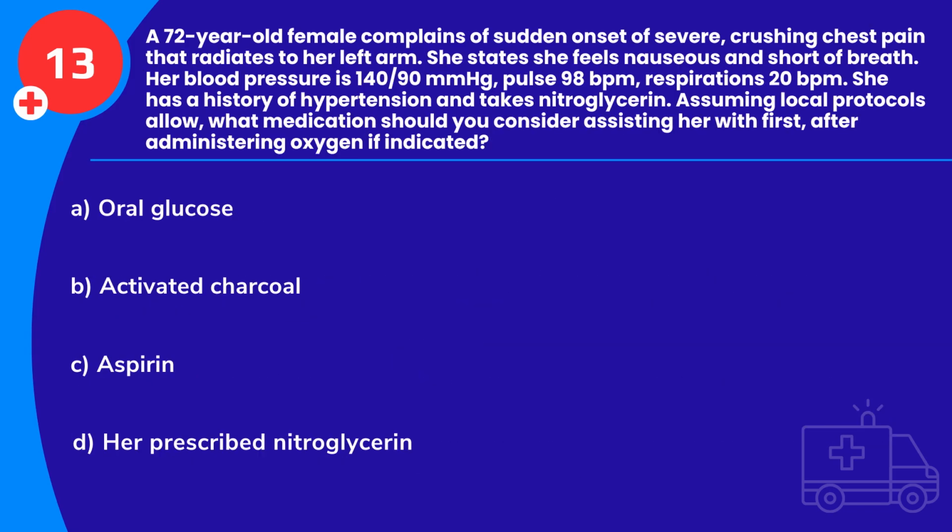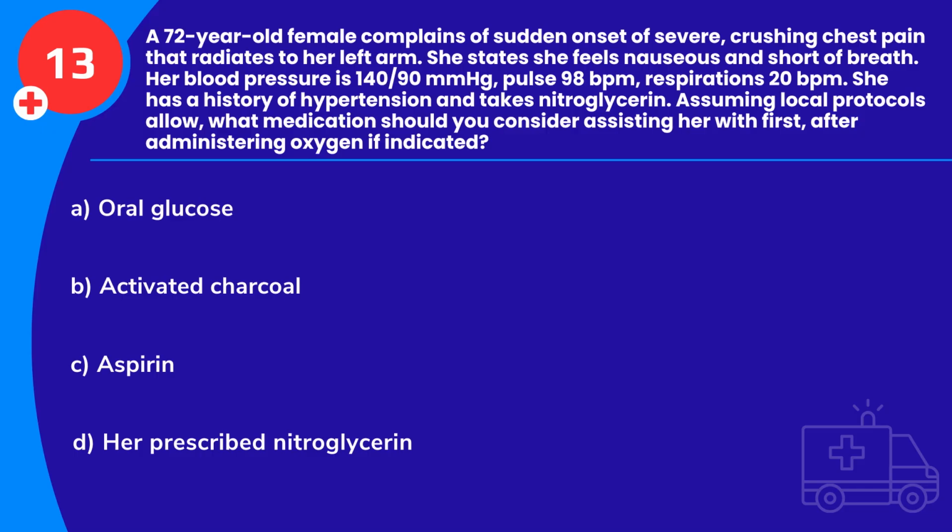Question 13. A 72-year-old female complains of sudden onset of severe, crushing chest pain that radiates to her left arm. She states she feels nauseous and short of breath. Her blood pressure is 140/90 mmHg, pulse 98 bpm, respirations 20 bpm.